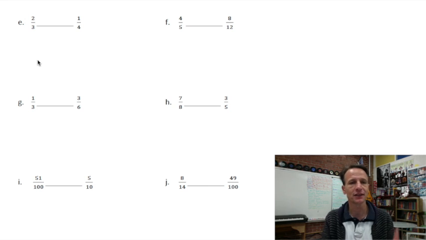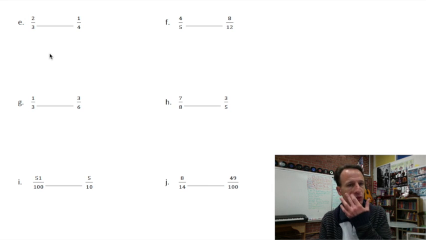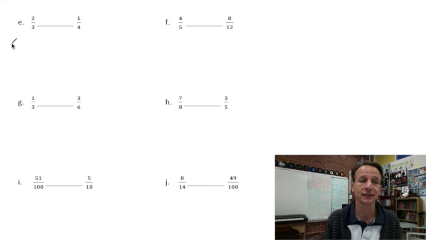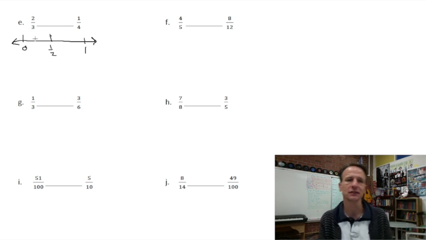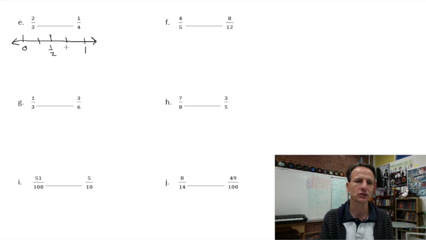Okay, so now on this one, 2/3 compared to 1/4, this is actually a pretty straightforward, easy one. Some of these are easier than others. So if we have 0, 1/2, and 1, we know this. We've done this already. 1/3 and 2/3, there's 2/3. And we know how to do fourths, right?